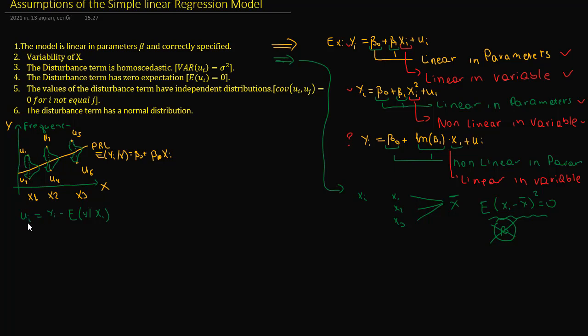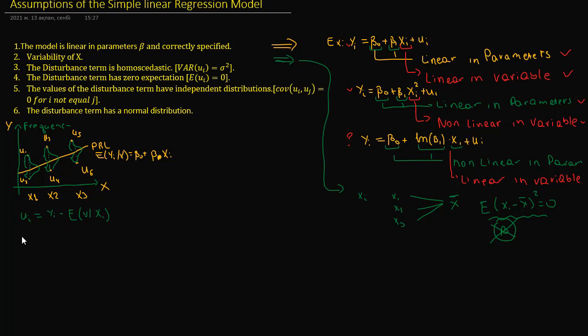This gives me error term 1, error term 2, error term 3, and so on up to 6. We can notice the distance between my mean and my actual value is the same distance. This is what we call constant variance.